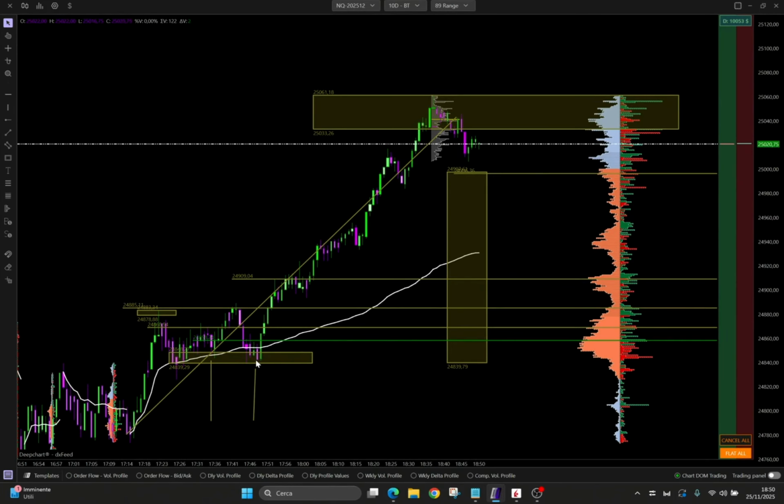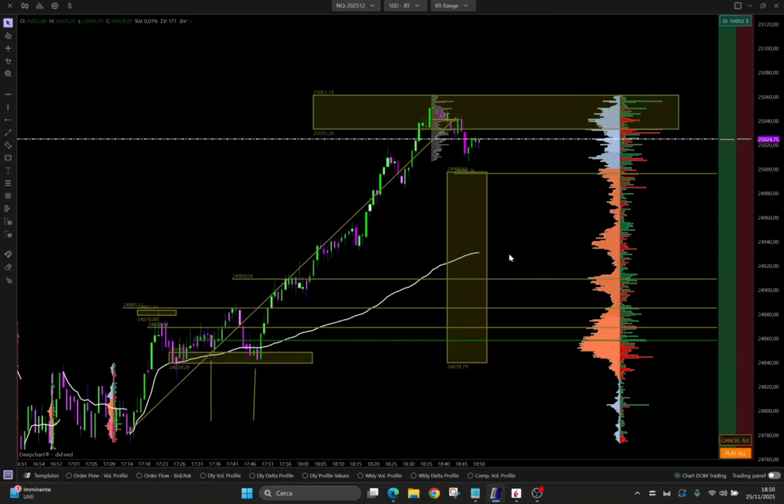You always need to understand that VWAP is the rhythm of the market. The rhythm, I think this is the pronunciation. The rhythm, how is the pronunciation, guys? So it's the time of the market, how the market dances.